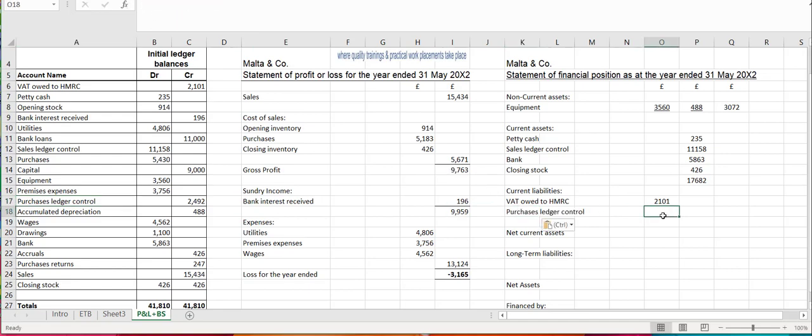Once you have a mistake in any single item, you will find that your balance sheet or your statement of financial position may end up not balancing. And then continue gently to see, do I have any other current liabilities? And I have accruals. Accruals is the amount owed at the end of an accounting period. I drop in the amount as well.